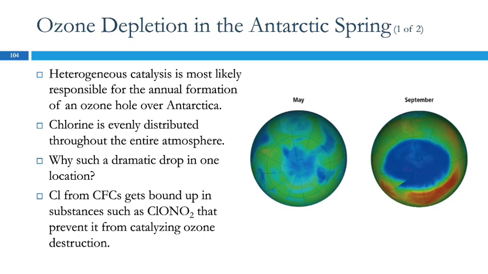But then miraculously, the next May, it looks like that again. Well, what's going on? Well, there's chlorine evenly distributed throughout the entire atmosphere, because gases are nice that way. They just mix really, really well. So why should we see a drop in this particular location that's seasonal?